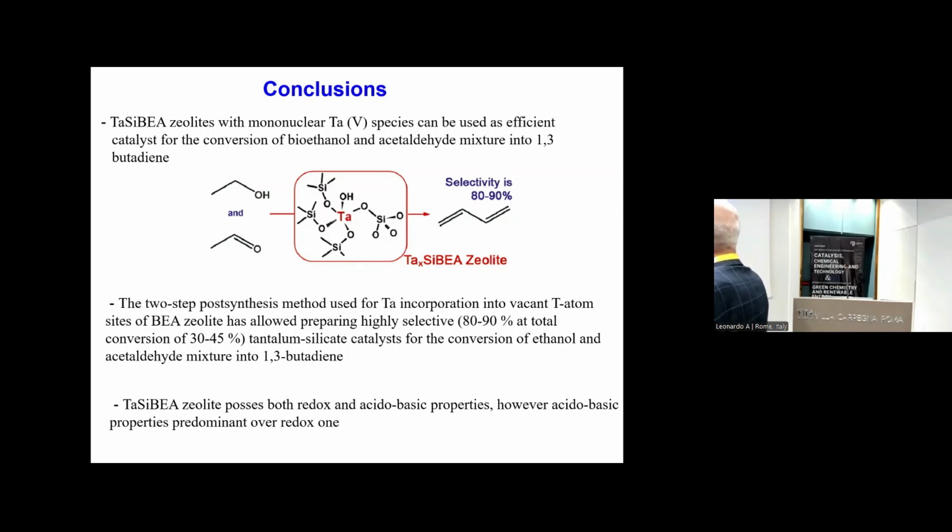And we can say that the two-step post-synthesis method used for tantalum incorporation into vacant sites of beta zeolite has allowed preparing a highly selective catalyst for conversion of ethanol and acetaldehyde mixture into 1,3-butadiene. Tantalum SCR-beta possesses both acidic and basic sites, which allow us to obtain 1,3-butadiene in the cascade reaction.